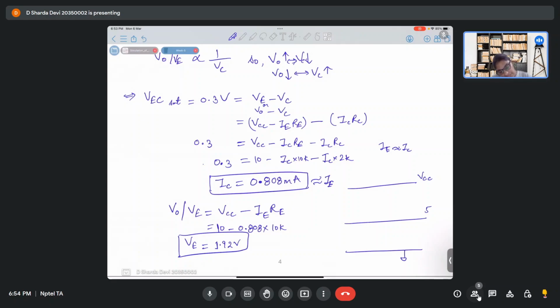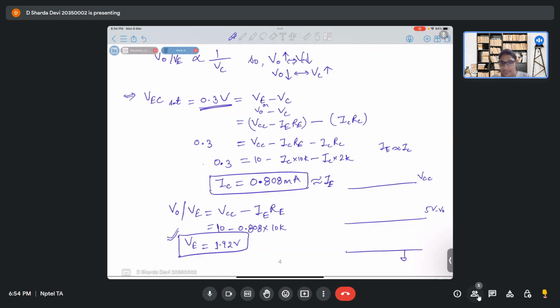Now what is this VE that we have got right now? This is the VE that your circuit can arrive at, at the edge of saturation, the edge of saturation and active region, right? Why am I saying this? Because I am calculating for the condition at VEC sat. So at that VEC sat condition, what is my current that I can get, and from there what is my VEC that I can get?